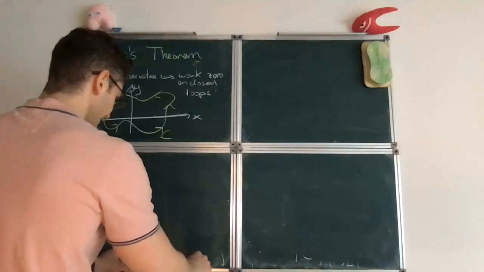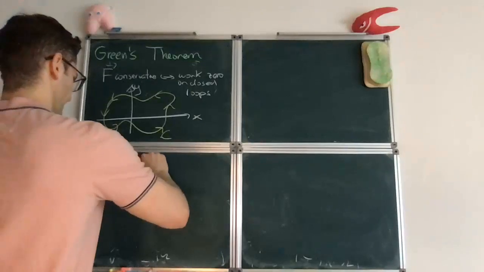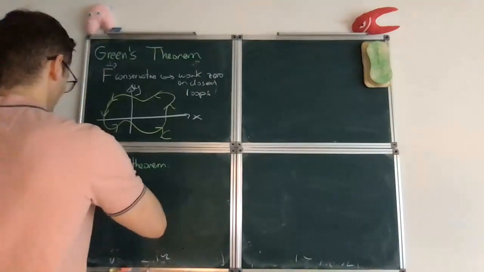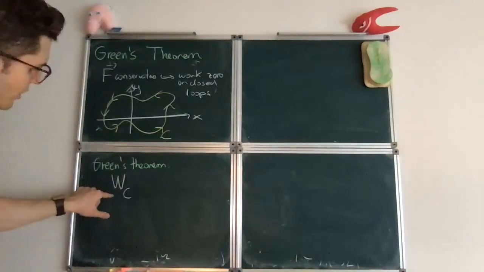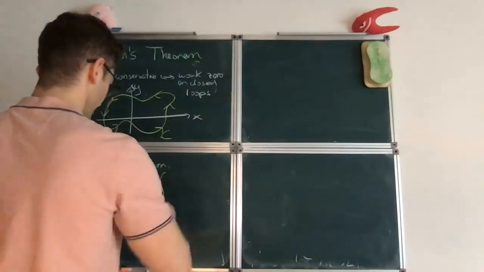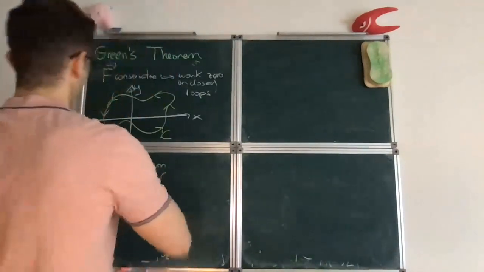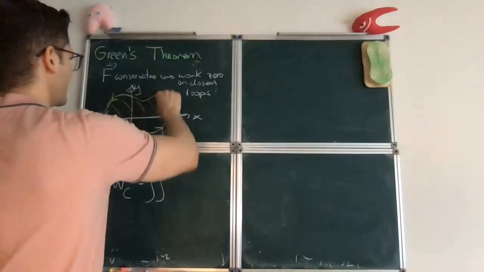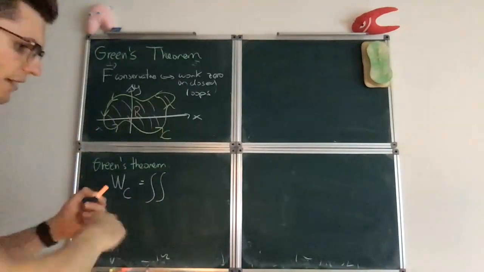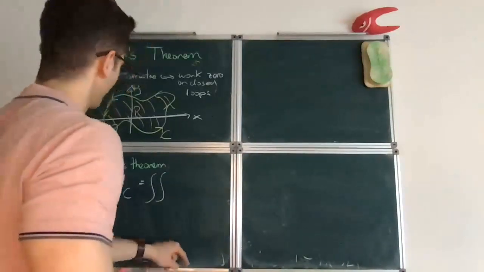And what Green's theorem says is that the work along this curve, again, this just means work done along the curve C, is the same as a double integral. So this curve encloses some region R. This is why you need the statement to talk about closed curves, because otherwise if you have a curve which is open, then it does not enclose any natural region on the xy plane.